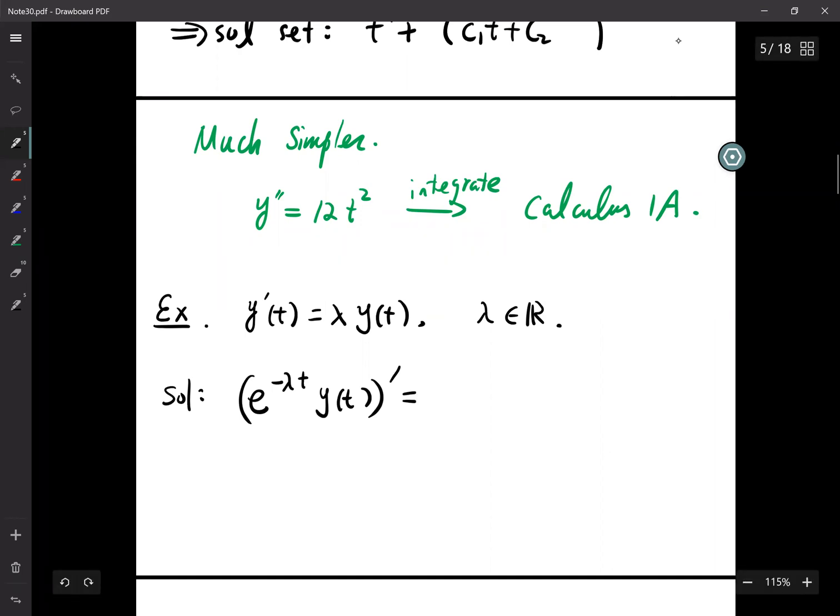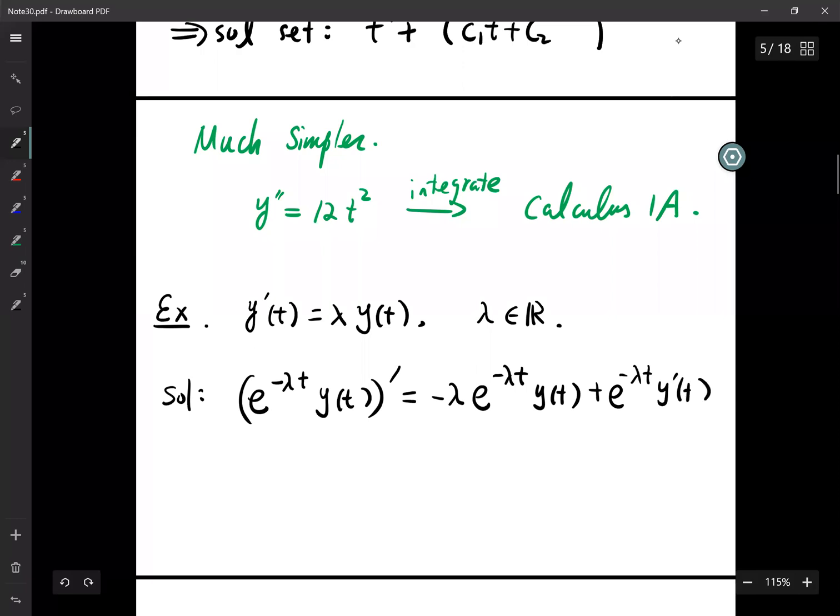By the Leibniz rule, this is minus lambda exponential minus lambda t y(t), plus exponential minus lambda t y prime (t). This has a common factor, and inside is y prime (t) minus lambda y(t).